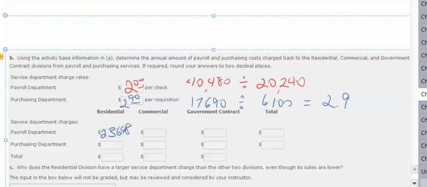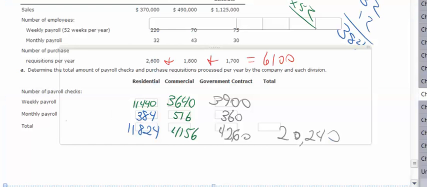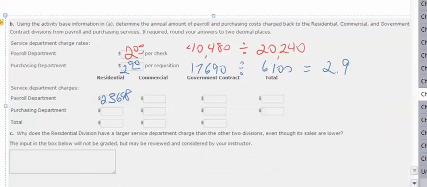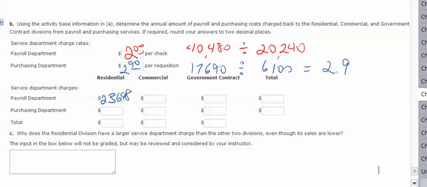And for the purchasing department, we used 2,600 times $2.90. So 2,600 times 2.9 is 7,540.